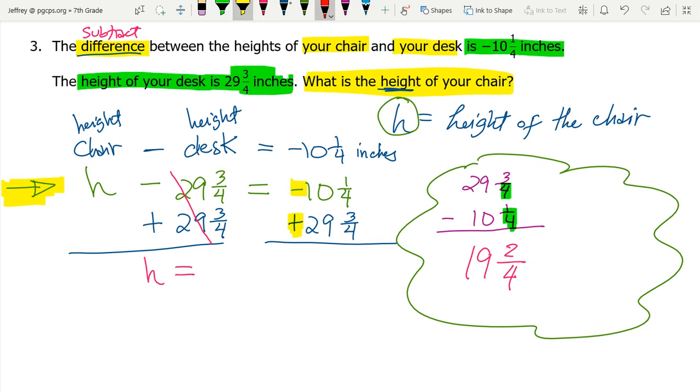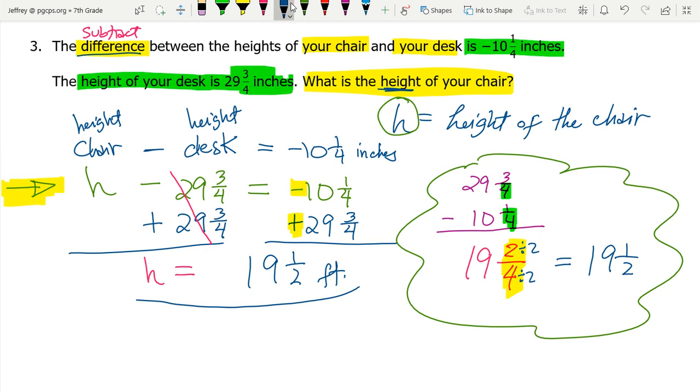Now let's simplify. We know we can simplify 2/4. We can divide it by 2 because that is the common factor of 2 and 4. And that should give us 19 and 1/2. So H is equal to 19 and 1/2 feet. Now remember, the 29 and 3/4 is a bigger magnitude, so the answer is positive.